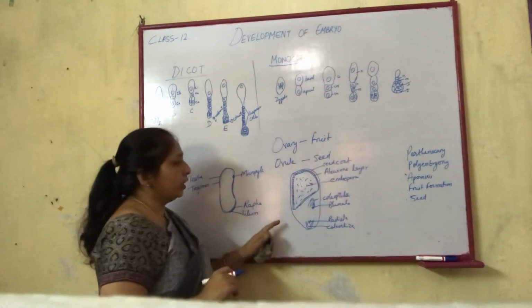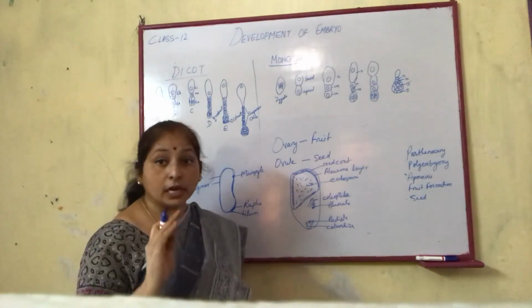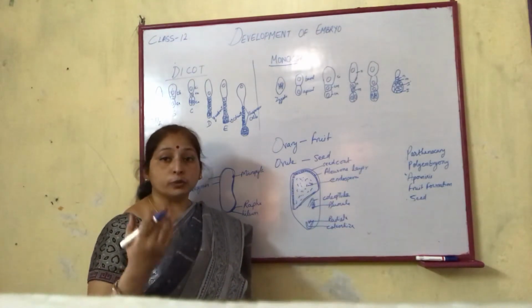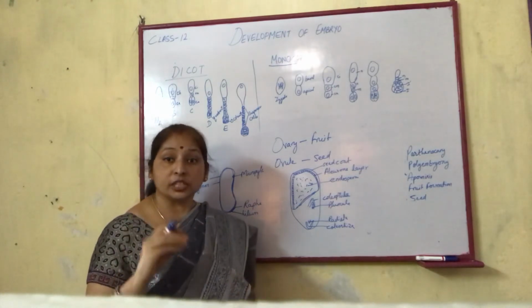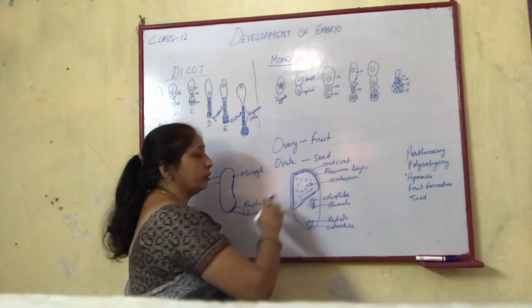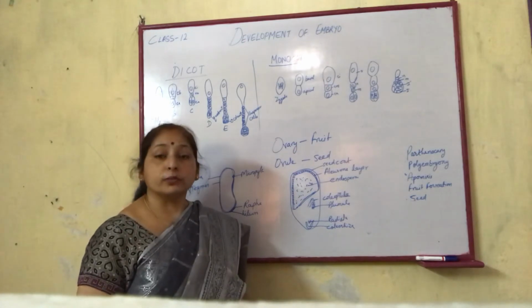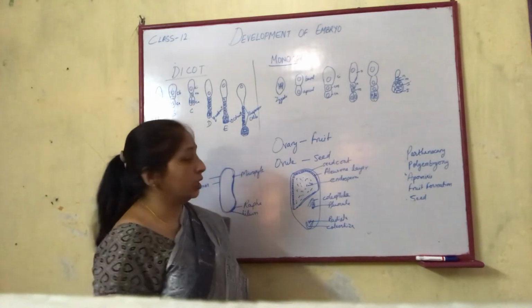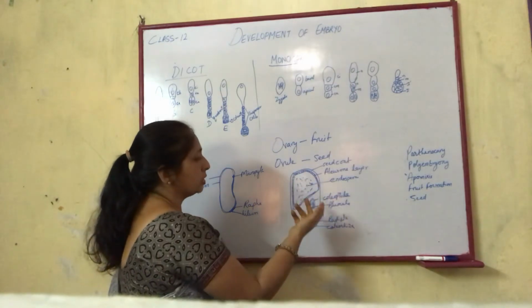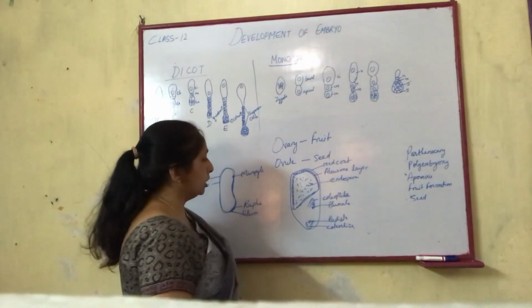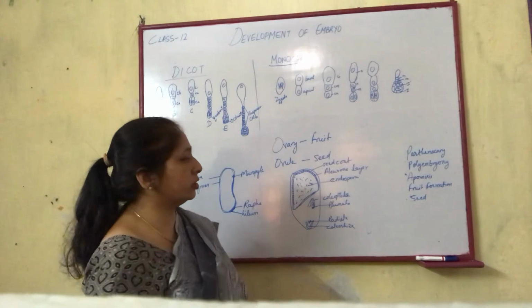The aleurone layer is rich in protein, while the endosperm is rich in starch, which forms the grain portion of the monocot seed.